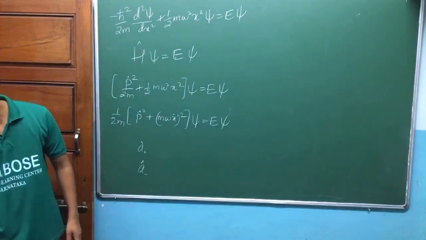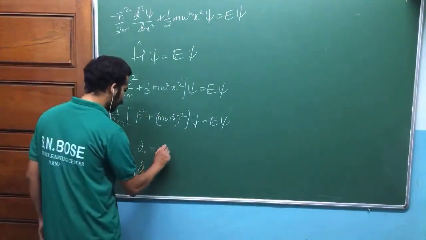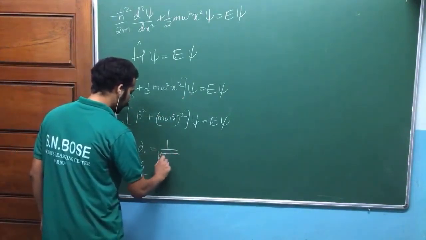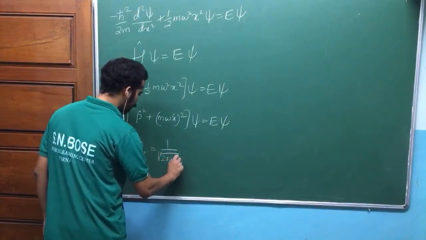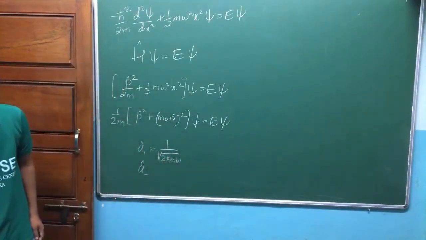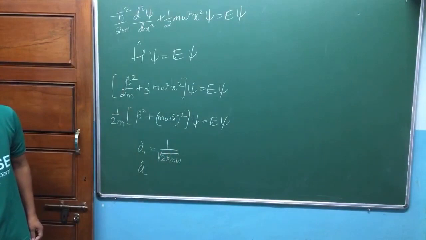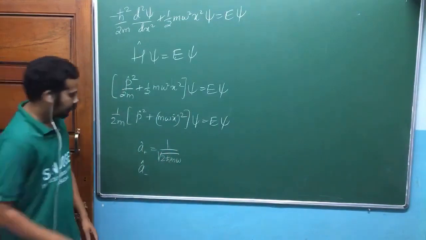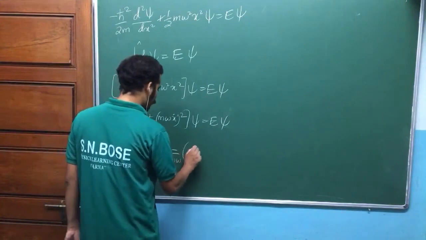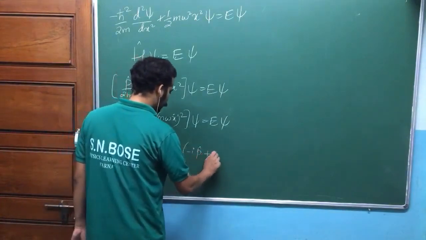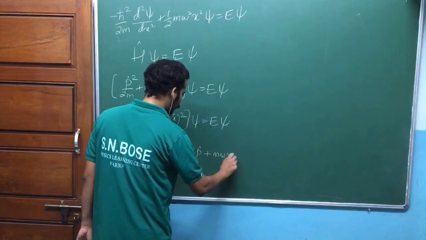Now this a plus cap is defined as 1 by root of 2 h bar m omega, times minus i p cap plus m omega x cap.